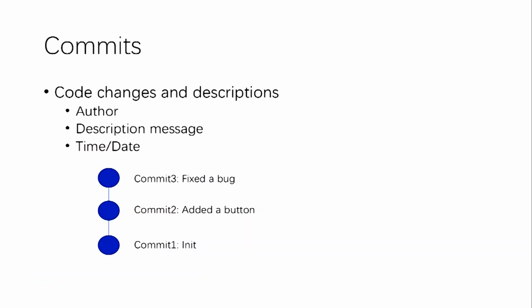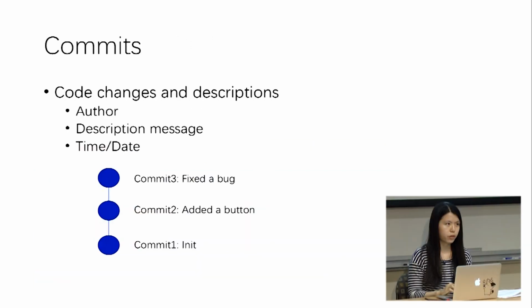Every batch of code changes is called a commit. A commit is a snapshot of all the code changes and also the description message. It has the author, the description message, and also the time.